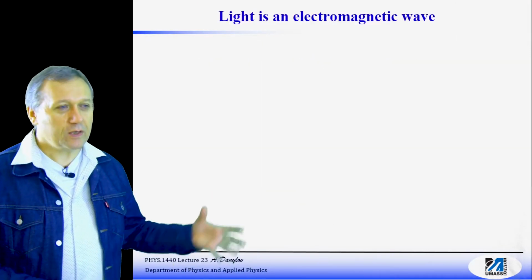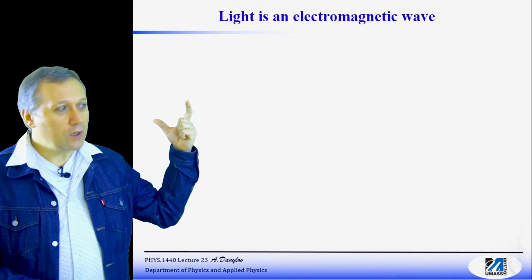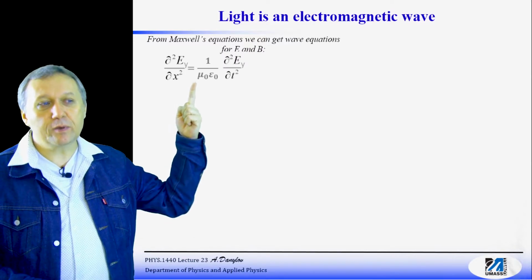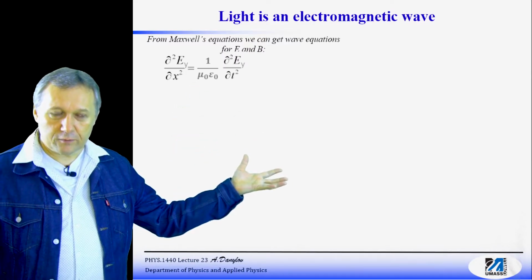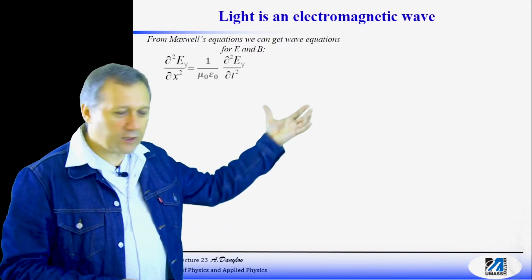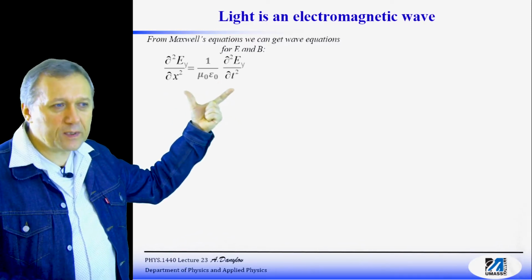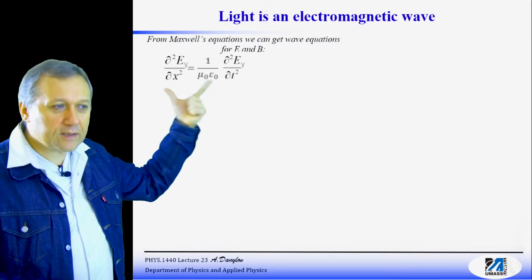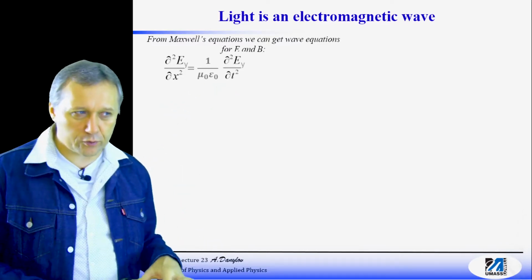After combining the two equations for the electric field, he ended up with this equation. First surprise, because 150 years ago they were already well familiar with this equation. This is a second order partial differential equation. At some point you will learn how to solve these equations.